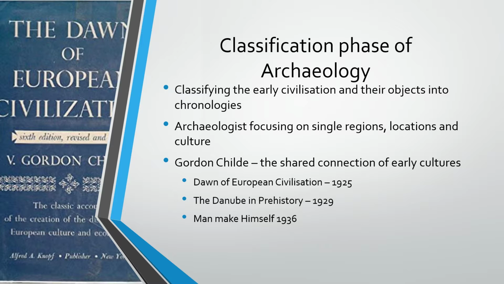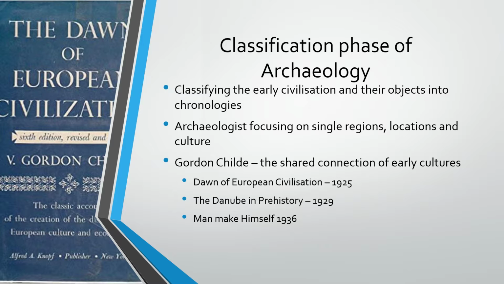And towards the end of this phase, we have probably one of the geniuses of archaeology, Gordon Childe, who tries to connect all these cultures, different regions, locations and artifacts, mainly in Europe, with a shared connection. Previously people would be working on their own little bits, just on Britain, or maybe some on France or Greece, but not really combining it.